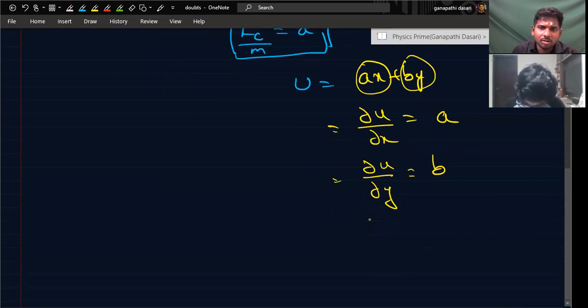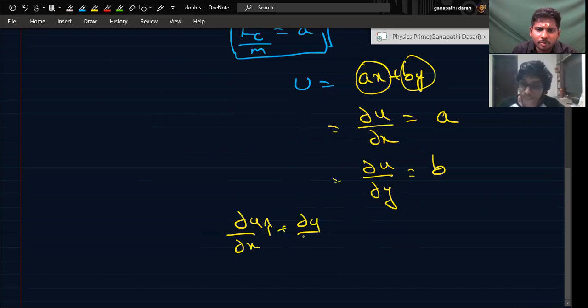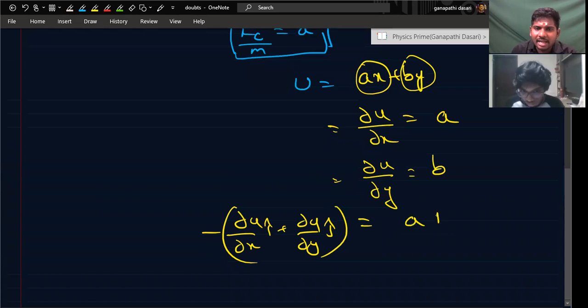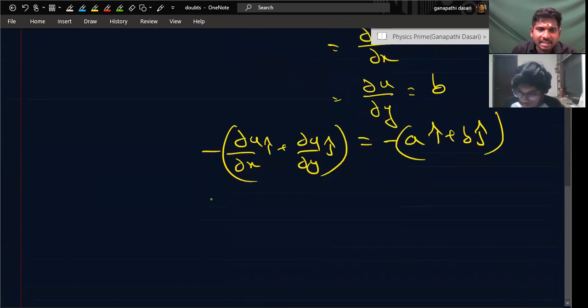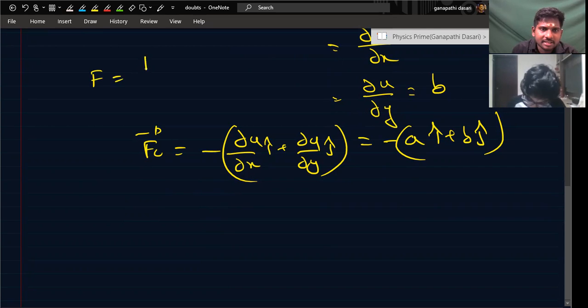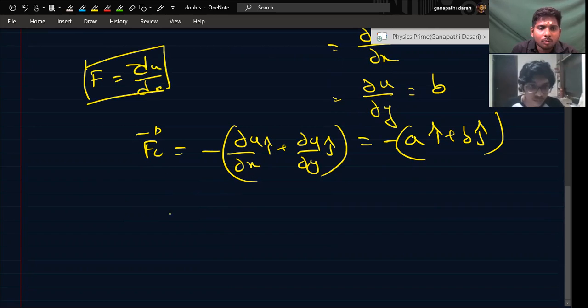Now, this is nothing but dou U by dou x into i cap plus dou U by dou y into j cap, with minus. That is equal to minus of (a i cap plus b j cap). This is the conservative force vector, F equals minus dU by dr. If this is the force vector, what is the acceleration vector?